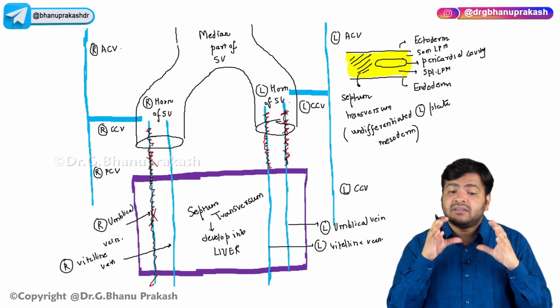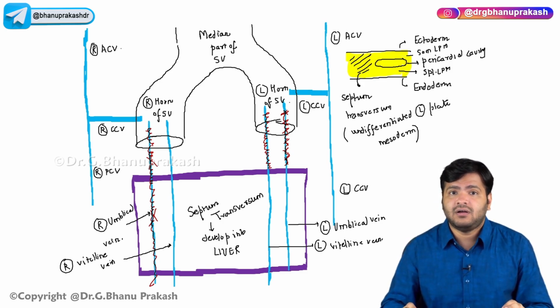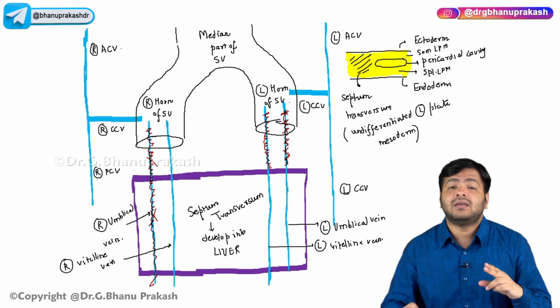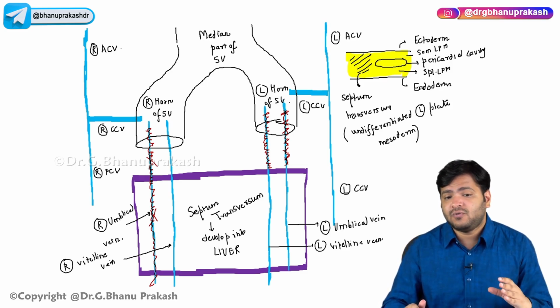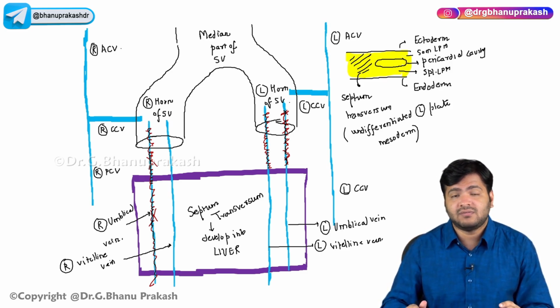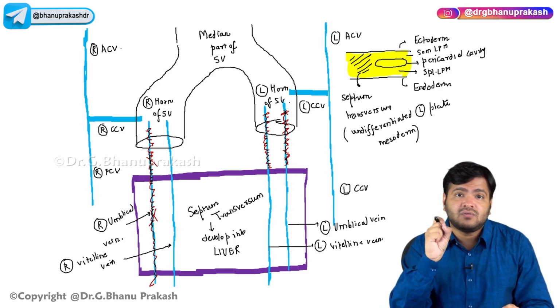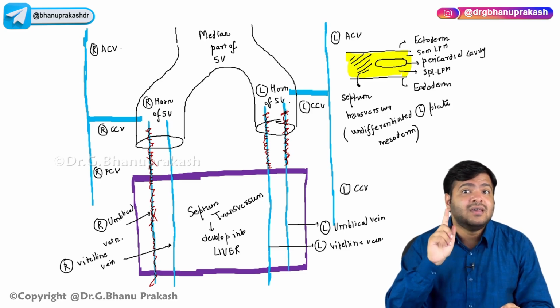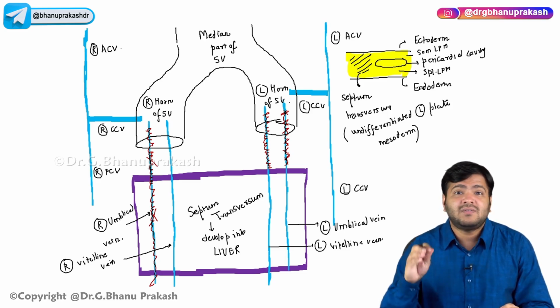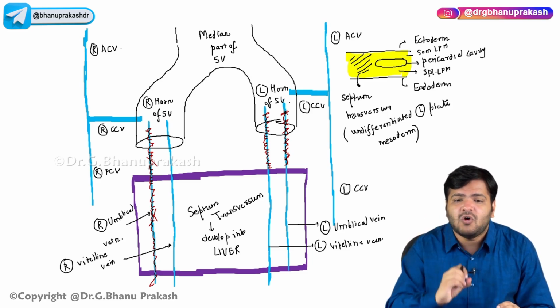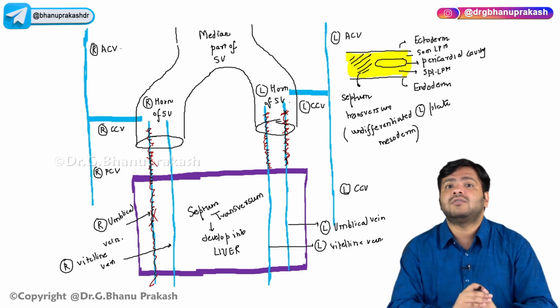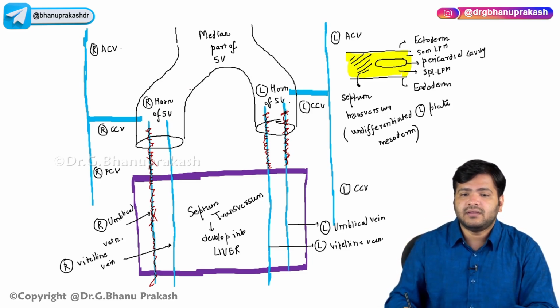As there will be less blood flow to the left horn of the sinus venosus, it will become small in size. It will not disappear, it will regress.